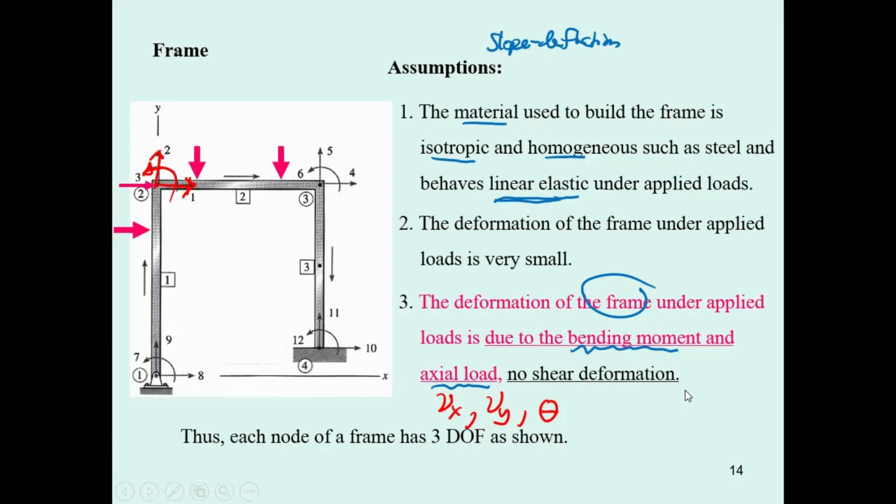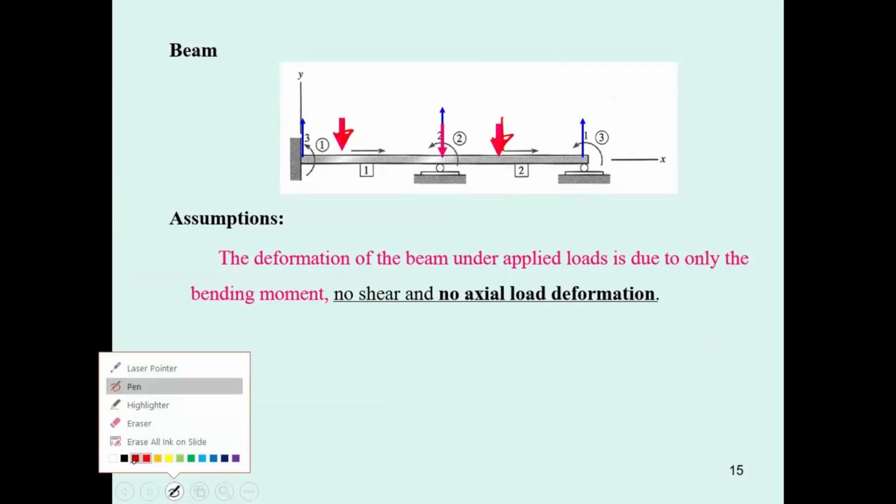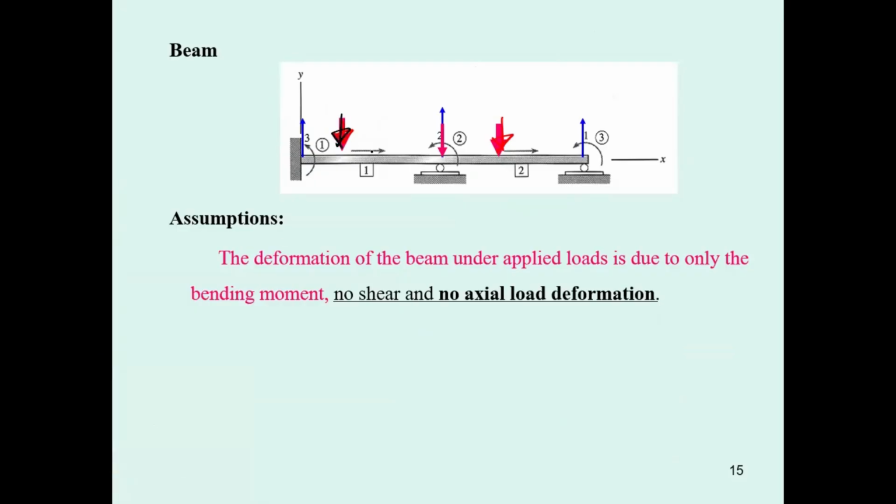Moving to the beam. Okay, the beam has no horizontal force. The beam is only subjected to the vertical load, and it can be at a point between the nodes, or it can be applied directly to the node.